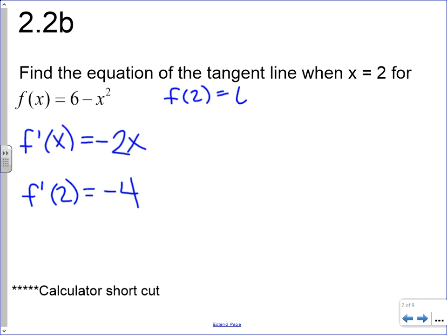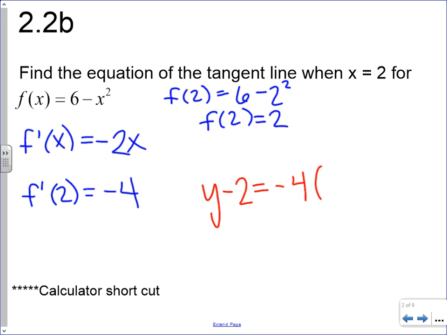We need the y coordinate. F of 2 would be 2. So then our tangent line equation could be y minus our y value of 2 equals slope of negative 4 times x minus our x value of 2.